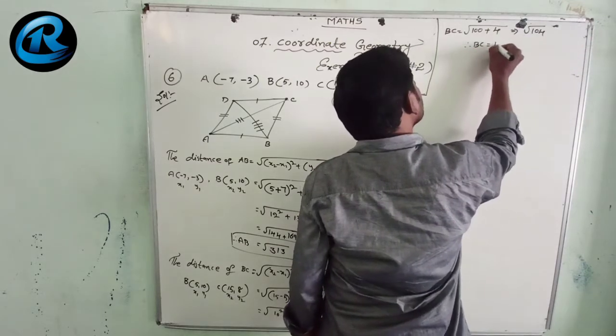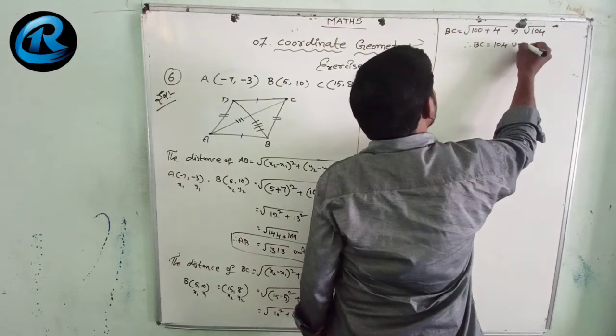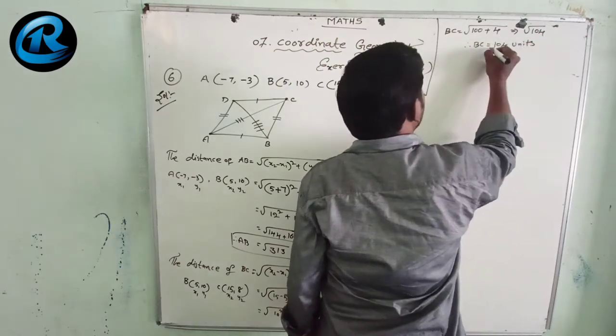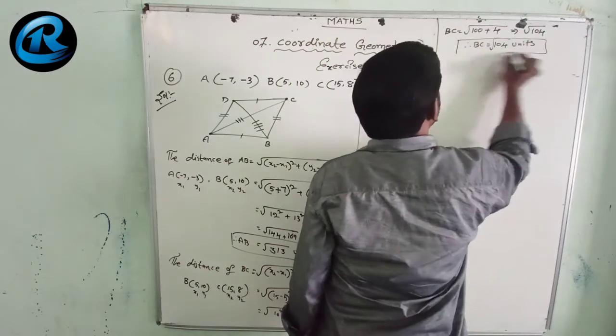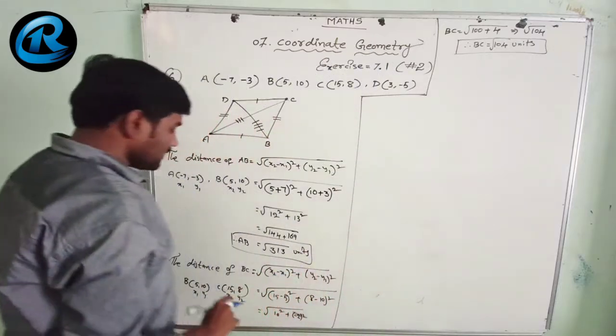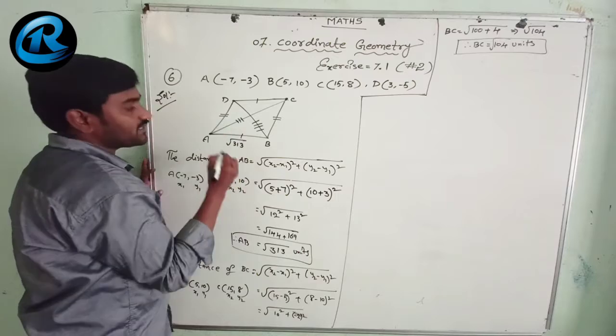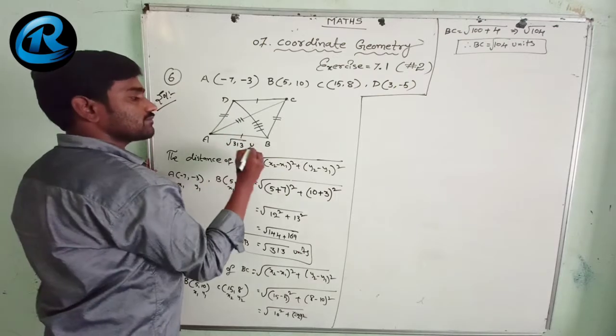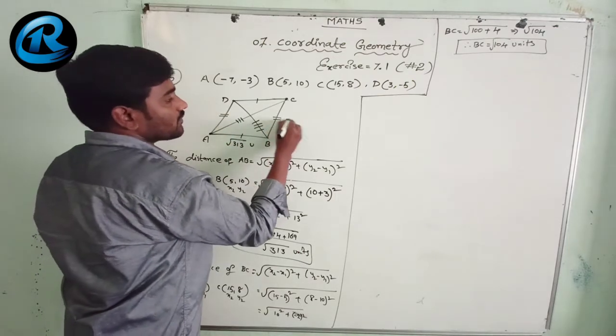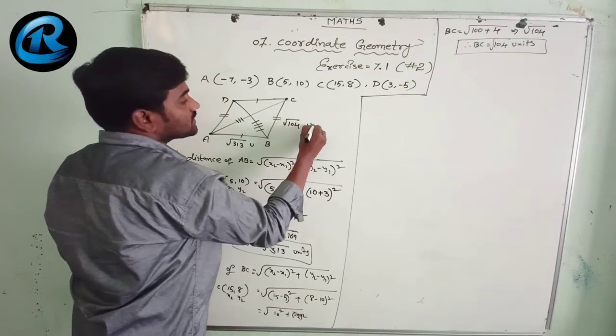Therefore BC equals the square root of 104 units. So here AB equals the square root of 313 units and BC equals the square root of 104 units.